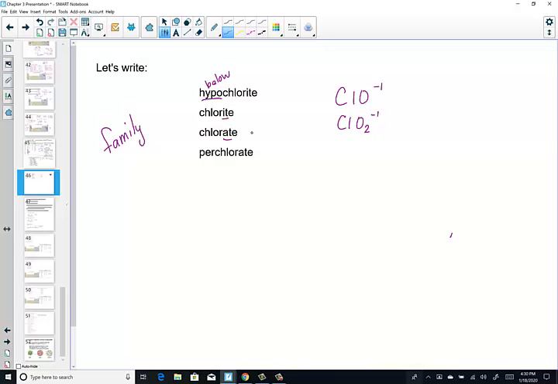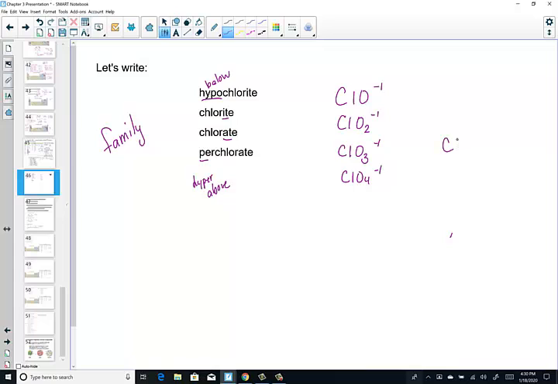When ite changes to ate, we add 1 more oxygen. That's 1 chlorine chemically bonded to 3 oxygen atoms with a net -1 charge. And per, sometimes you hear that prefix hyper, means above. We add 1 more oxygen and we get perchlorate, ClO4 -1.